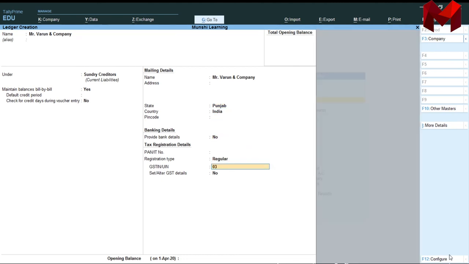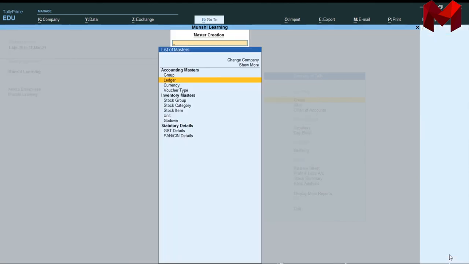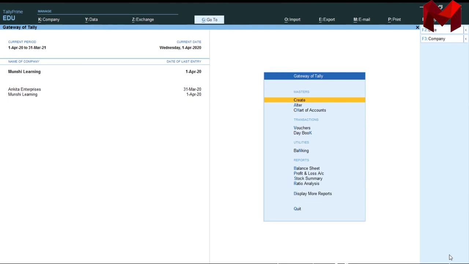Regular dealer, 03 is Punjab's code, EBCDE 34F 4Z1. Master is created. Now, if we see the other master, purchases account is already there, I think. Let's check the masters first. Let's do the entry now.